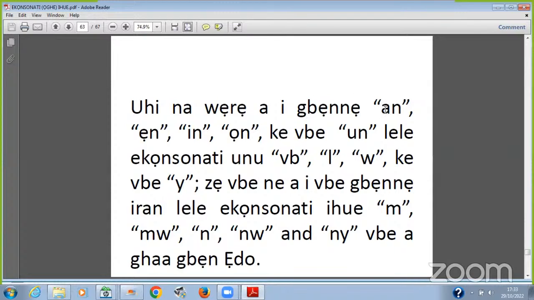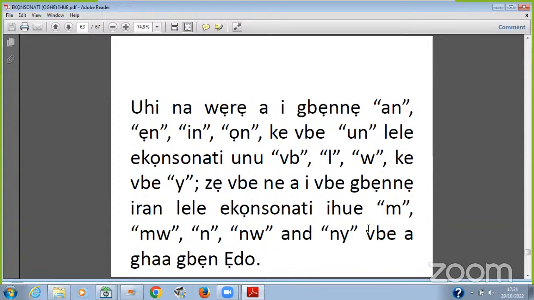The digraphs AN, E subdot N, IN, O subdot N, and UN are not written after the oral consonants VB, L, W, and Y, nor after the nasal consonants M, MW, N, NW, and NY when you are writing Edo.